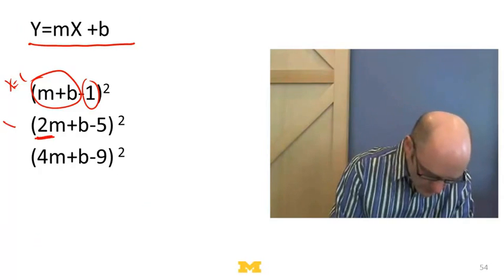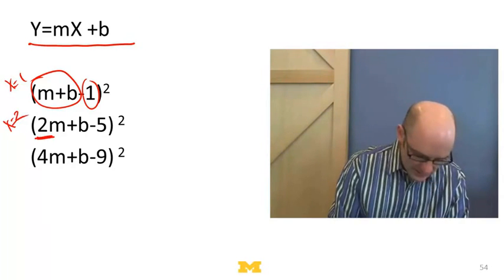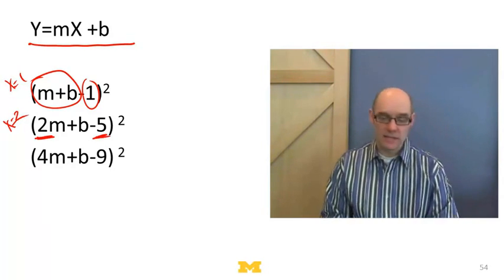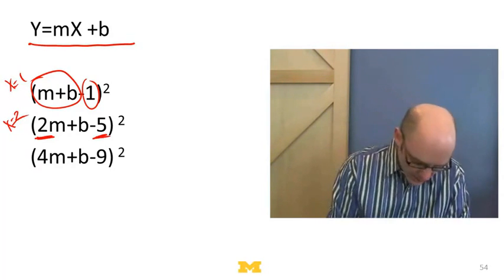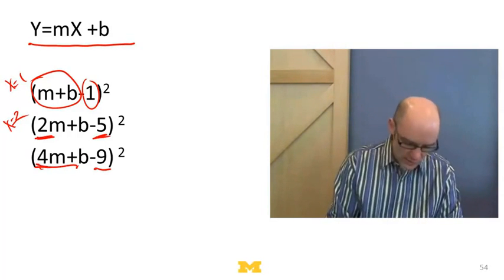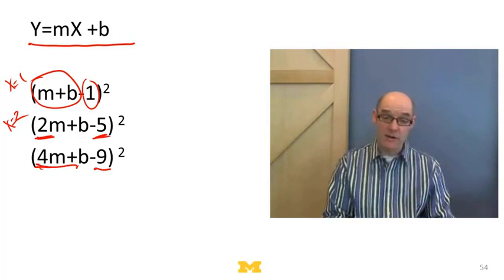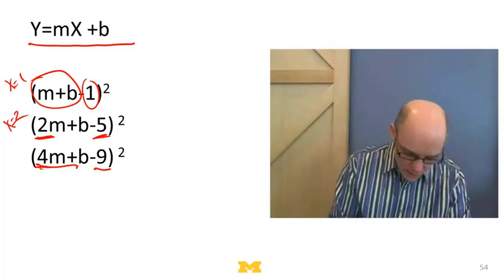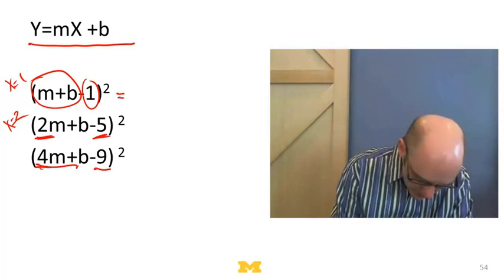When x equals 2, my model is going to say that the value is 2m plus b, and the actual value is 5, so that's going to be my error. And when x equals 4, this is going to be my prediction, this is the actual value, so this is going to be my squared error. So if I want to know what the total error is, I just have to multiply all these things out.